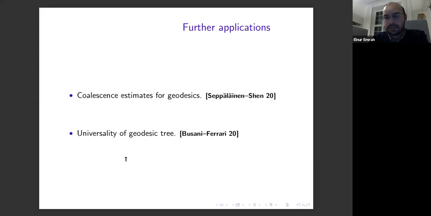Besides these, there have been some further applications of the exit point bounds that I showed. So for example, they have been used to obtain optimal coalescence estimates for geodesics in LPP. And they also are used as an input in a result by Busani and Ferrari, where they compare the geodesic tree in the bulk LPP and the corresponding increment-stationary LPP.